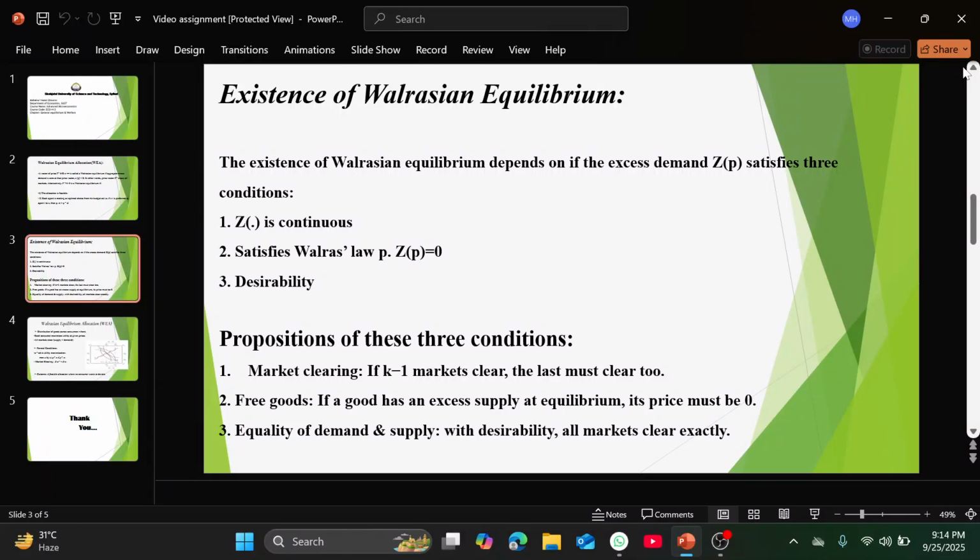That contradicts Walras' law. This proposition shows us what conditions are required for all markets to clear in equilibrium.